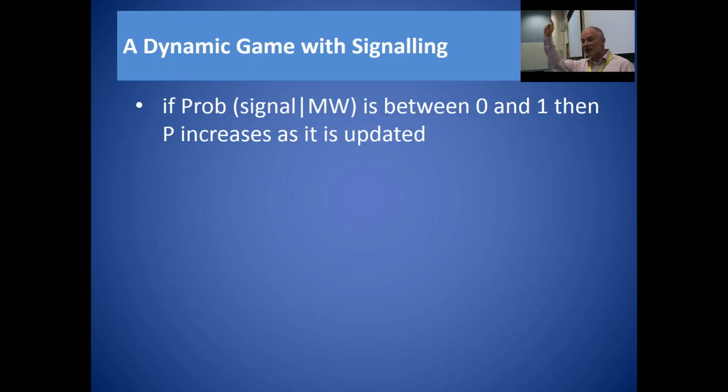And it's this updated value of P that then enters into the calculation for the entrant. It doesn't look at P, but rather it uses that updated value of P, which is contingent upon the signal being received.